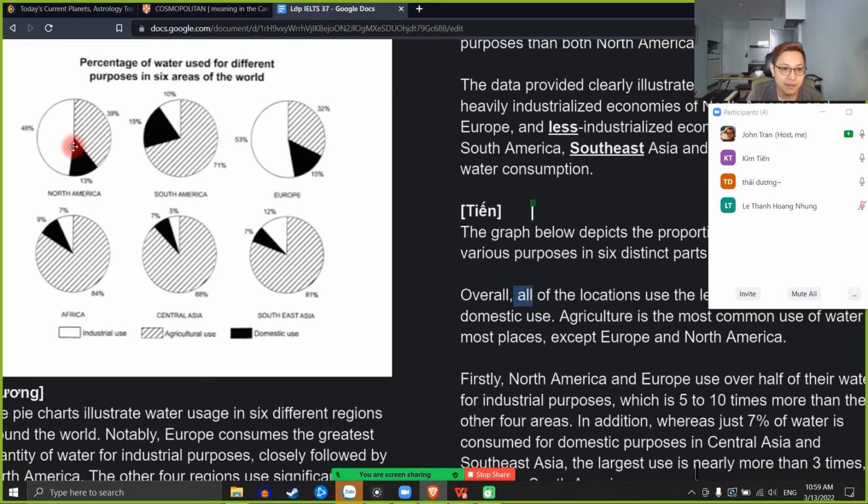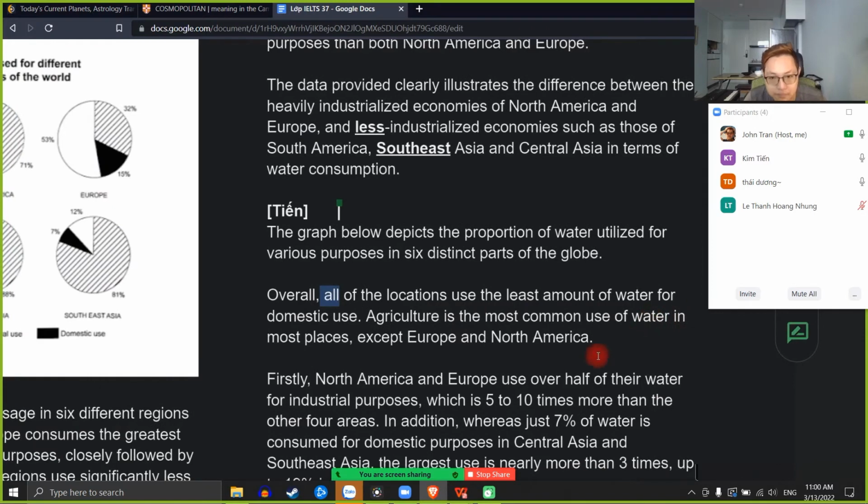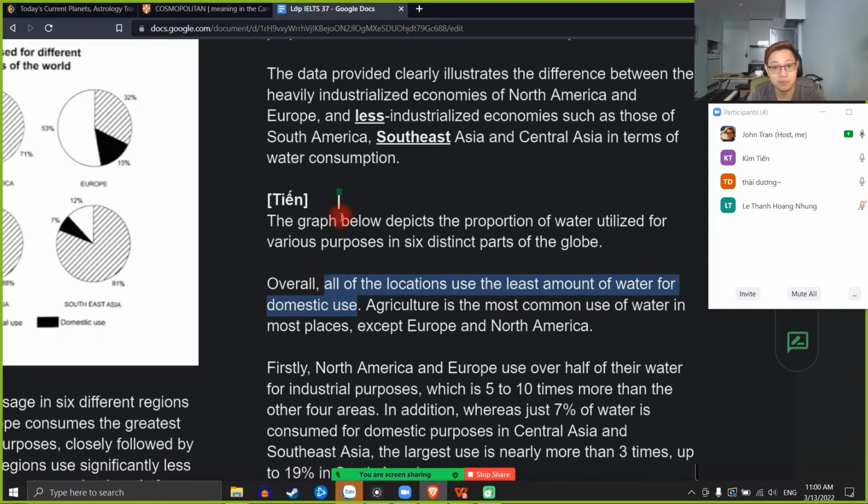There are only 3 places where domestic use is the smallest. It's this one, North America, Europe, and then Southeast Asia. So this part is wrong. Cái câu này là sai nha.